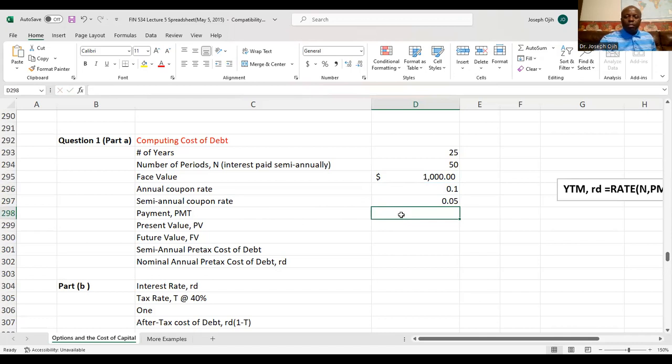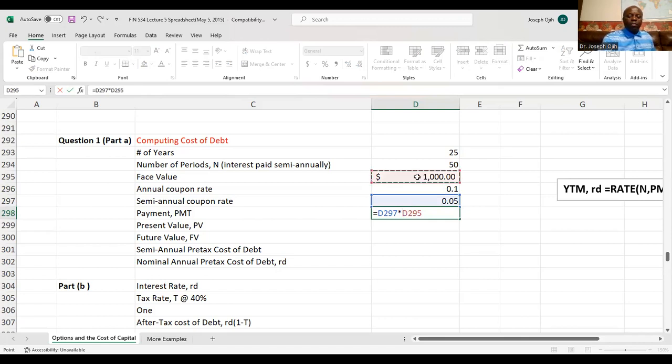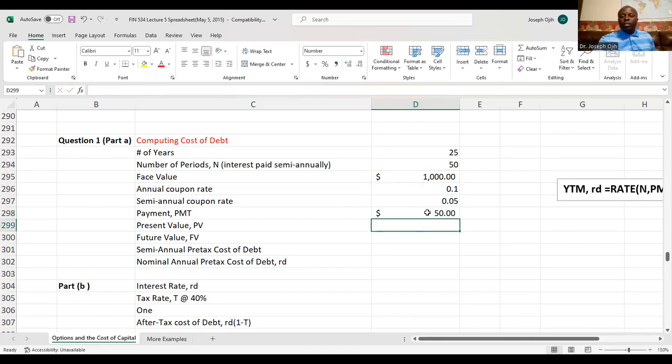So the actual coupon payment for one bond equals 0.05 times the face value of the bond. It's $50. If it is 1,000 bonds, it's going to be $50 times 1,000 bonds, probably $50,000. Anyway, I think you get the point.